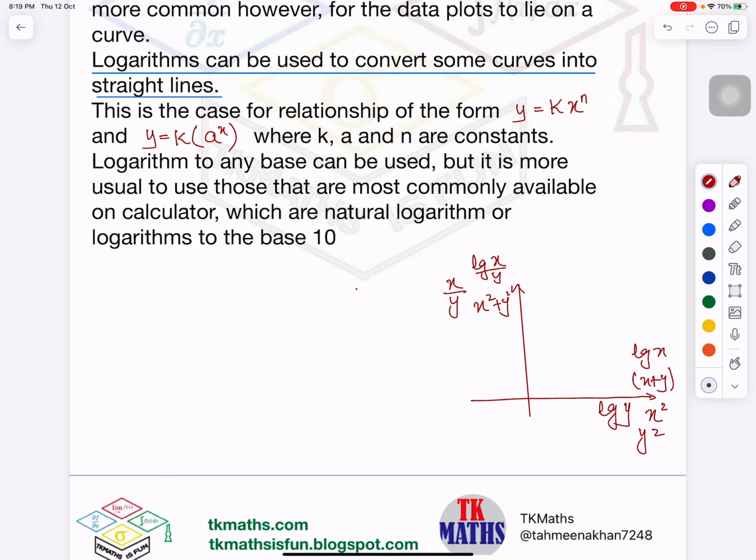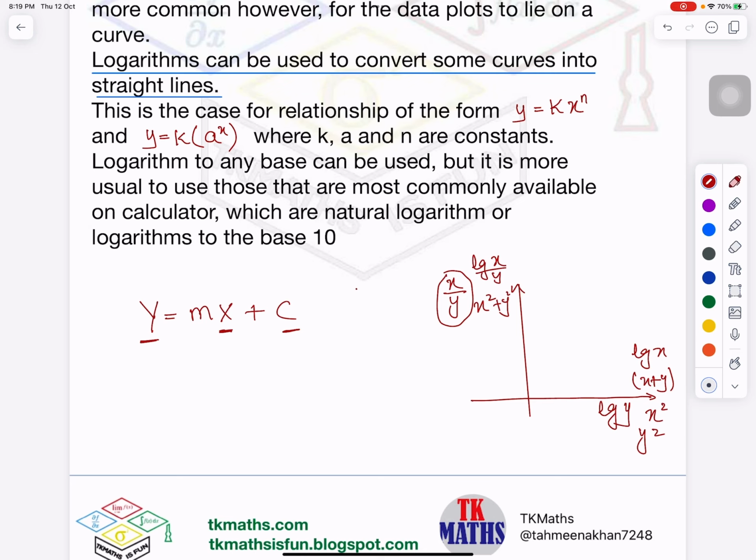So we will see, when we change any non-linear equation into linear form, what comes here? That will be your vertical axis. What comes here? That will be your x-axis. That will be your vertical axis intercept. I'm using the word vertical axis because whatever is on the y-axis will be called that.